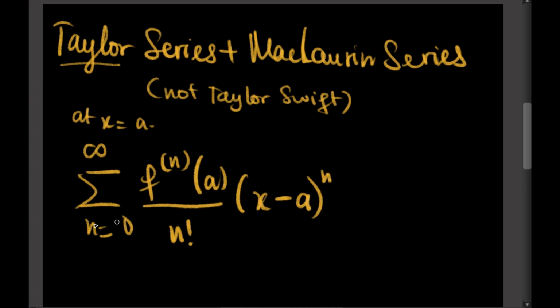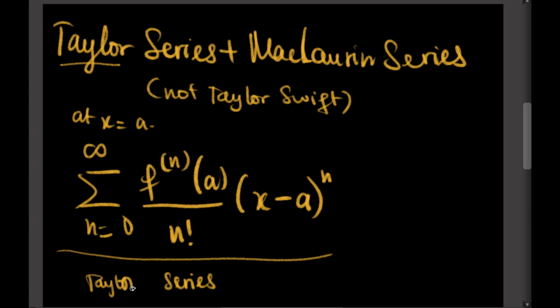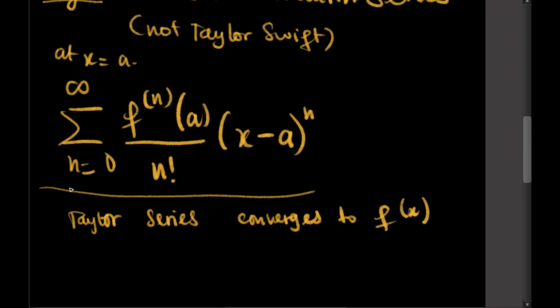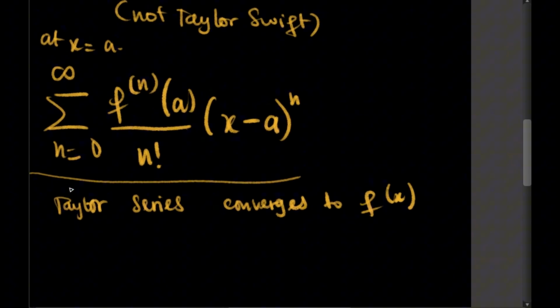So this is a Taylor series, and this series converges to f(x), obviously at x equal to a. So this is the definition of a Taylor series.